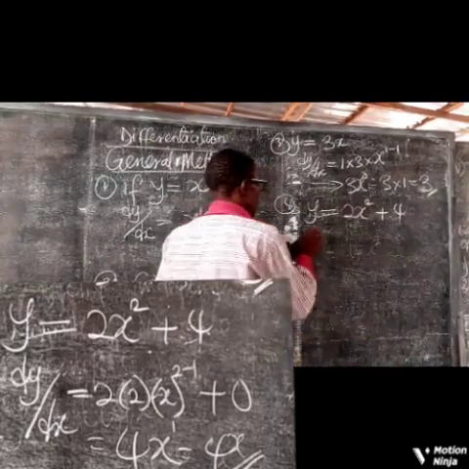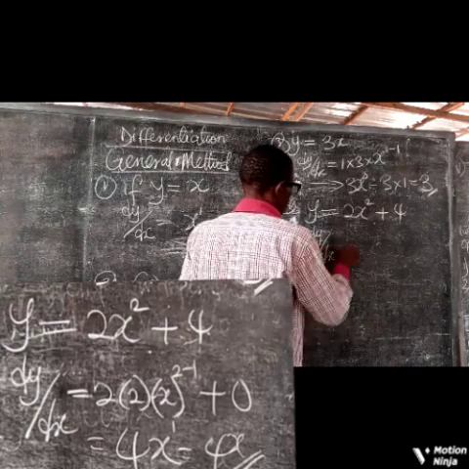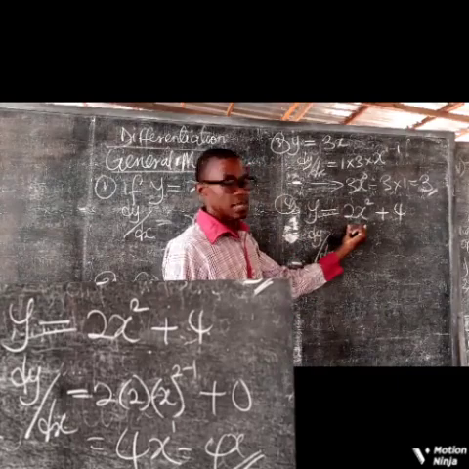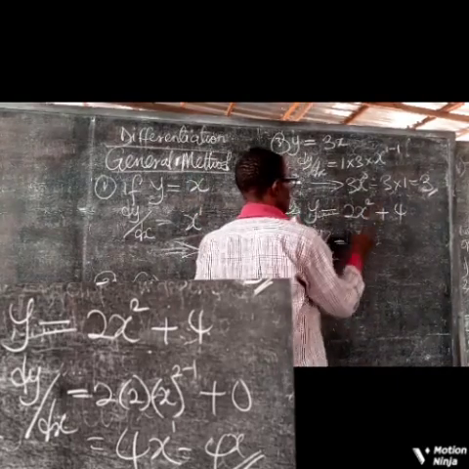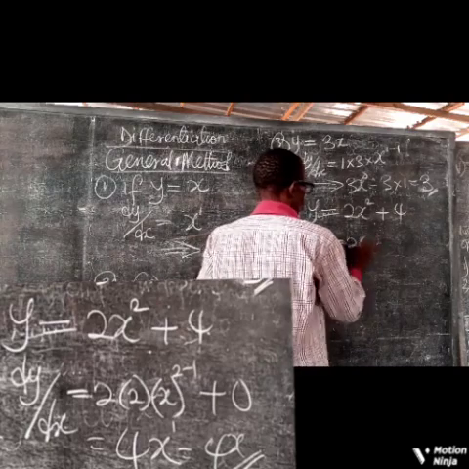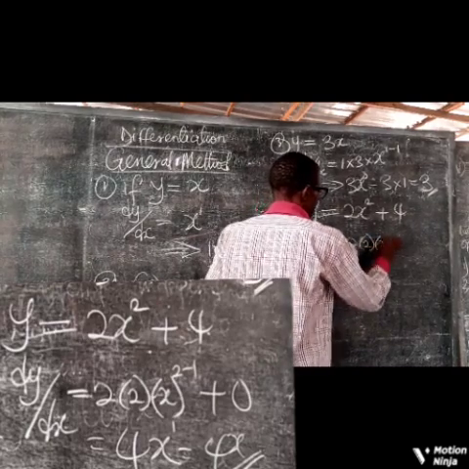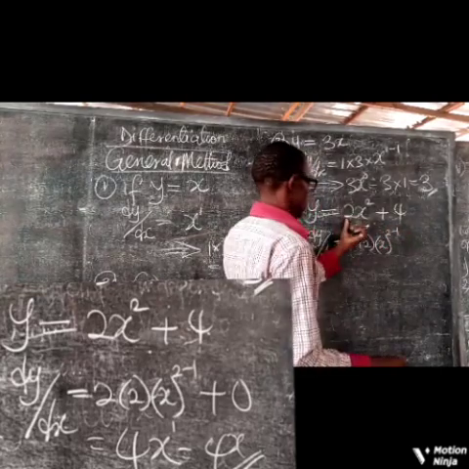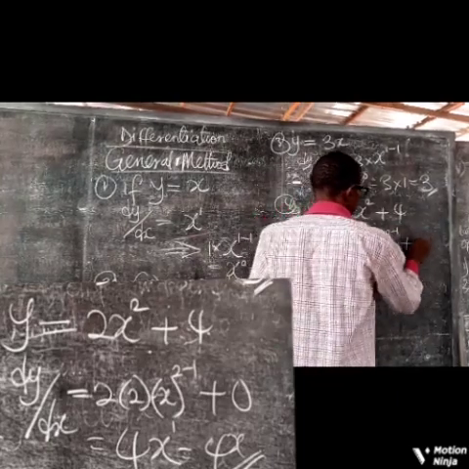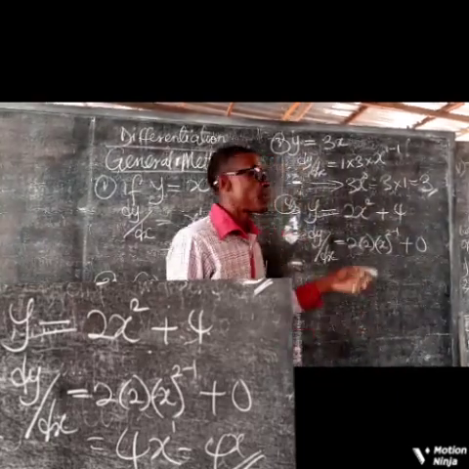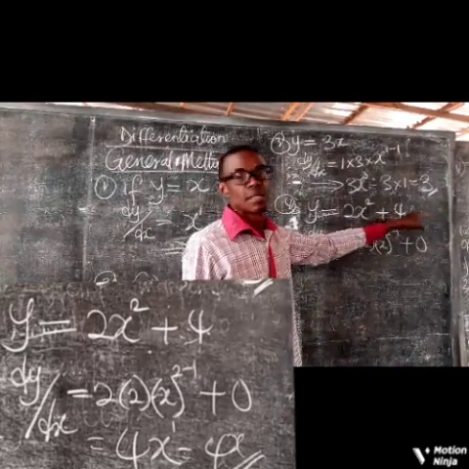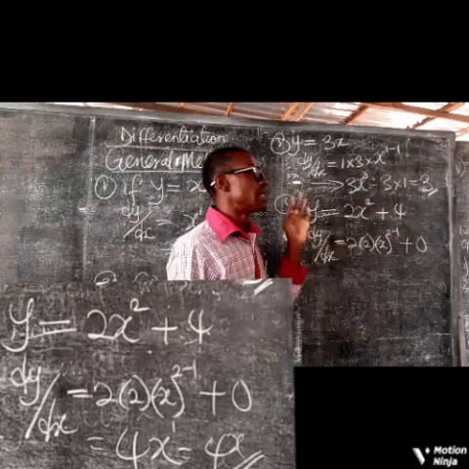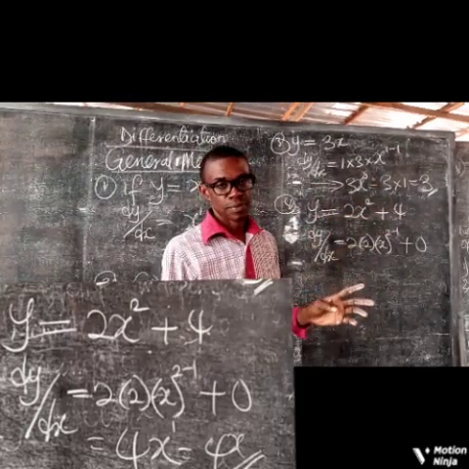So here we're having dy/dx, changing y with respect to x, dependent, independent. So we're having 2 multiplied by 2, then multiplied by x to the power of 2 minus 1. This is for this. Coming to this one now, we have 0 already, because we said for every constant, the differentiation of a constant is 0. Please, you need to bear that in mind.